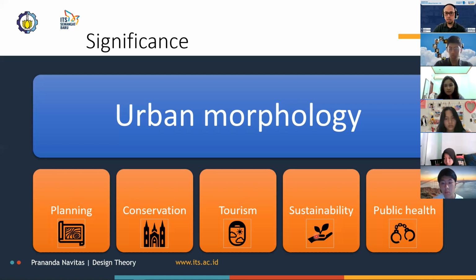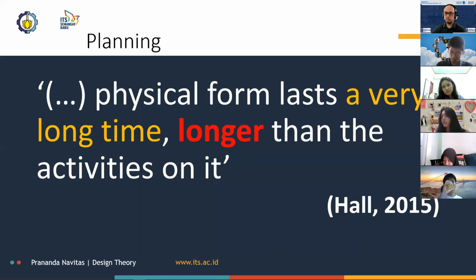It is a determinant. The urban morphology or the shape of our city does have implications towards public health too. So we'll look closely at each aspect, starting with urban morphology and spatial planning.